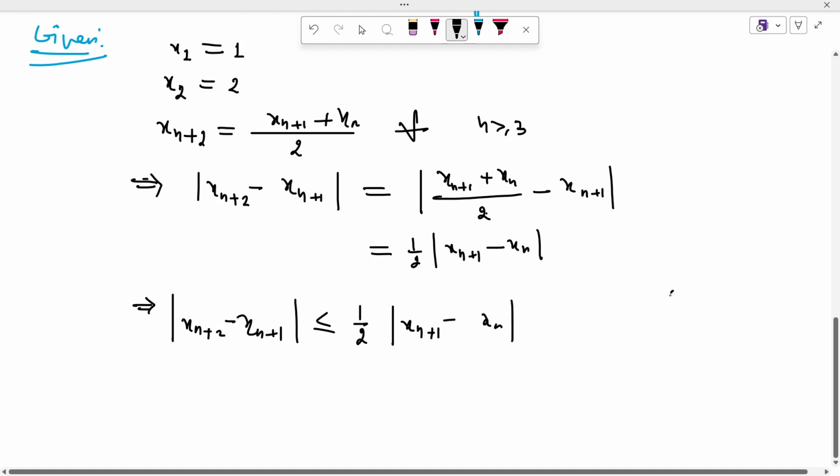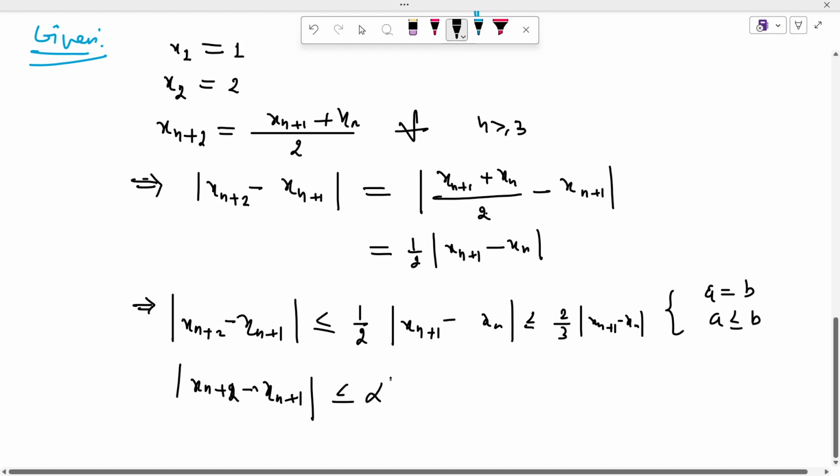Here just one thing: suppose a is equal to b, then it is also okay to say a is less than or equal to b. So this can also be written as less than or equal to, just take the value 2 by 3, any value greater than 1 by 2 will help, times |x(n+1) minus x(n)|.